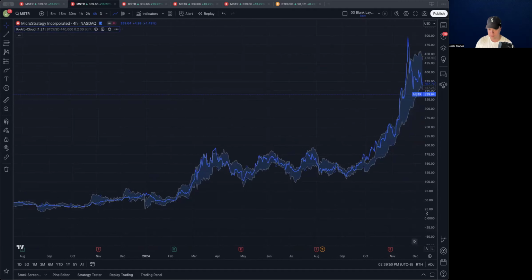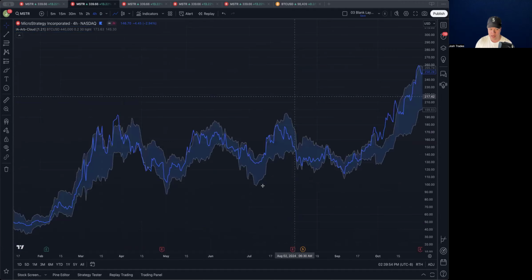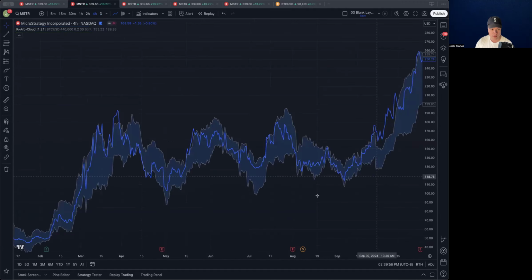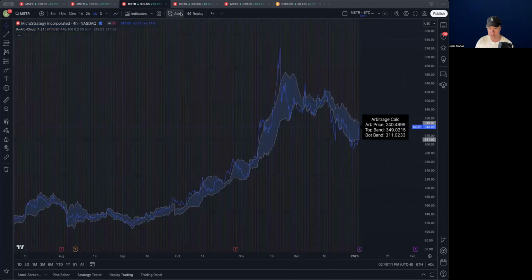We can set it to tight and we can use ranges like back in 2024. We're going to buy MicroStrategy when we're low on the cloud here and sell it up here or hedge it. And back this week when we have MicroStrategy this low on the ARB cloud, it's an opportunity to buy.